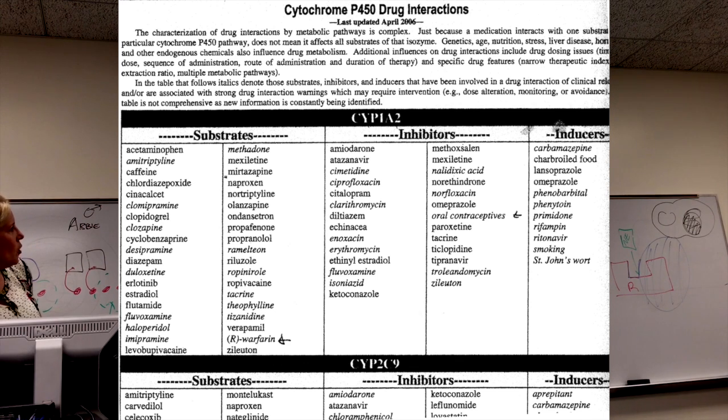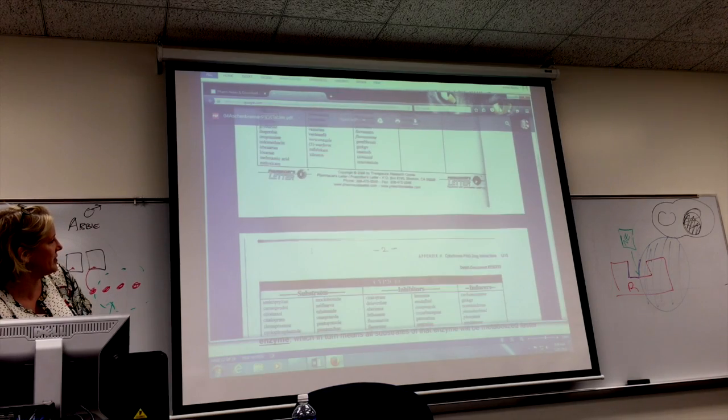And what these tables show is, for each of the enzymes, which have these not very fancy names, you have the enzyme, the drug that it changes, its own substrate, and then what drugs either inhibit the enzyme or induce the enzyme. All right, and so here's all the information for CYP1A2, here's all the information for CYP2C9, and that's the idea.